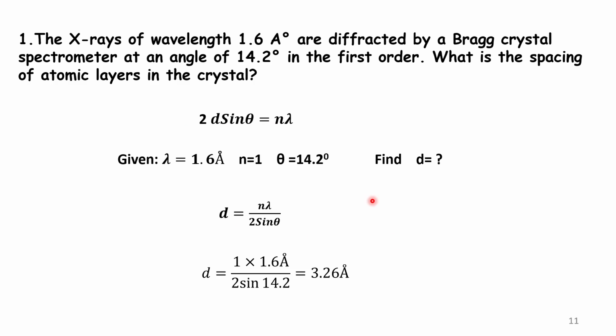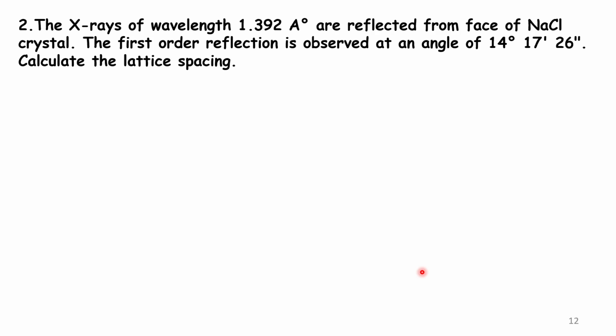By substituting all these values we get d is equal to 3.27 angstrom unit. So in this way we can find the spacing of the atomic layers in the crystal in this problem, and it is equal to 3.27 angstrom unit.